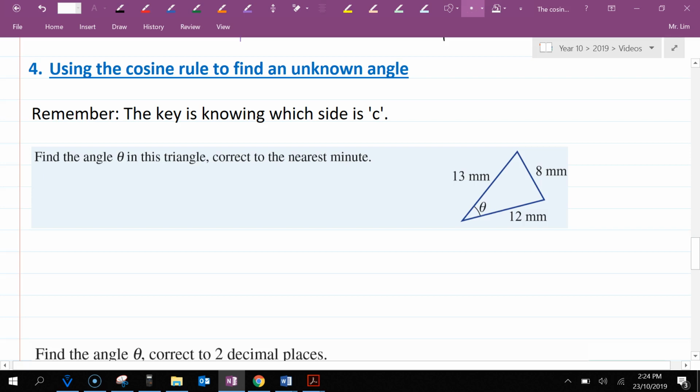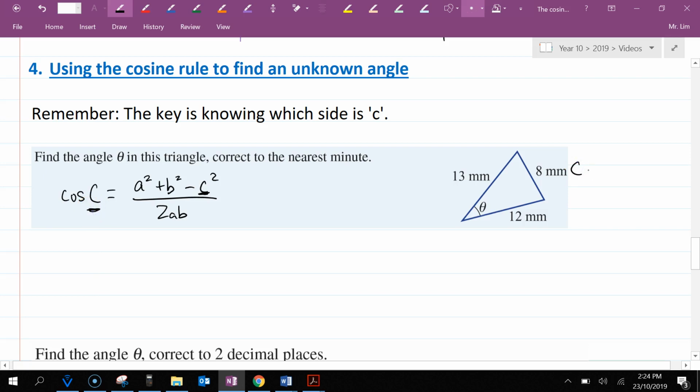Remember that the key is knowing which side is c. So here's the formula. Cos of C is equal to a squared plus b squared minus c squared all over 2ab. C, this lowercase c, is the side that's opposite to the angle that we are trying to find. So this is c.